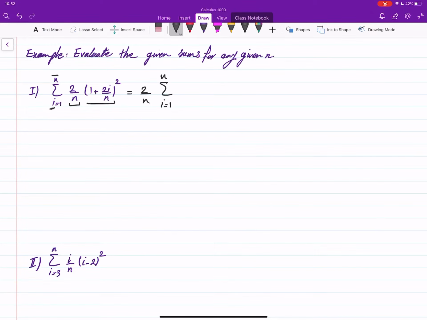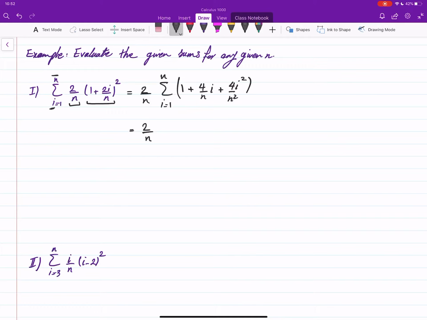And this is the identity: 1 squared plus 2 times 2i over n times 1, so it will be 4 over n times i, plus the second term squared. From here, then we have 2 over n.